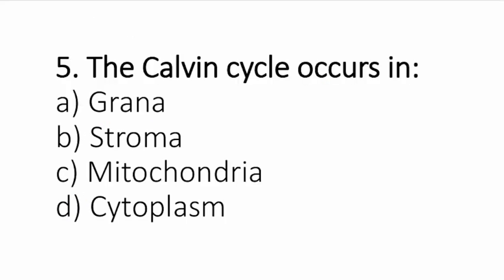Question 5 is, the Calvin cycle occurs in which of the following? The options are granum, stroma, mitochondria and cytoplasm.